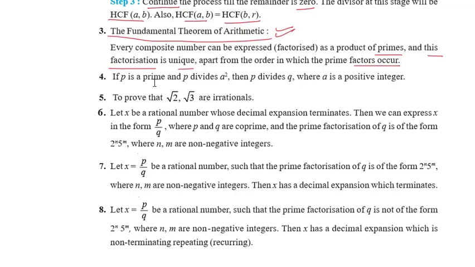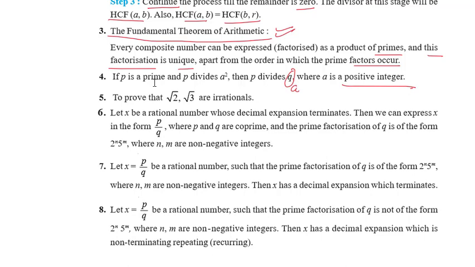The fourth point is: if P is a prime and P divides A square, then P divides A. It should be A, it should not be Q. P divides A, where A is a positive integer.